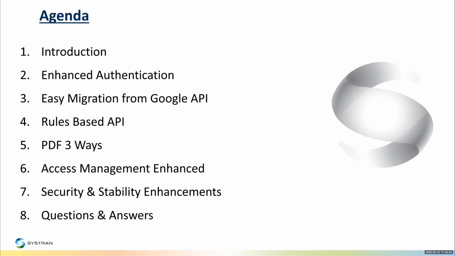We have enhanced the access management, so I'll be showing you that. We have more security and stability with the solution. So I'll be showing you the new UI, new features, what we have to offer. And we'll wrap up with question and answers. And as Brooke said, you can always reach out to us. We'll be sharing our email with you at end of this presentation.